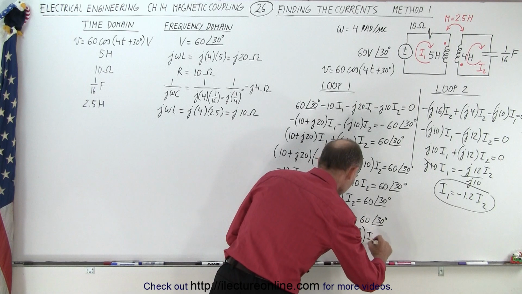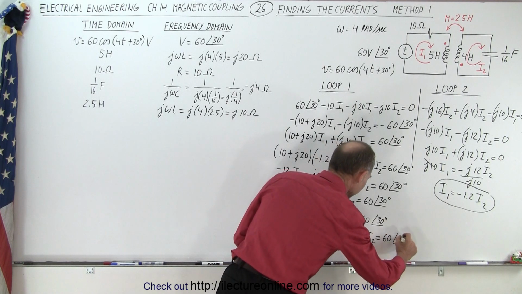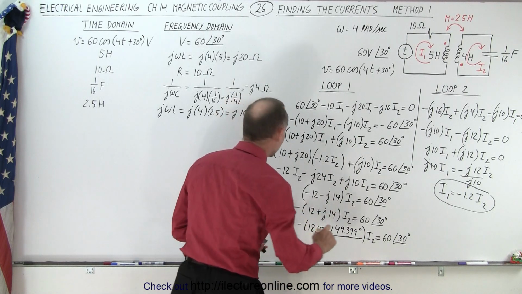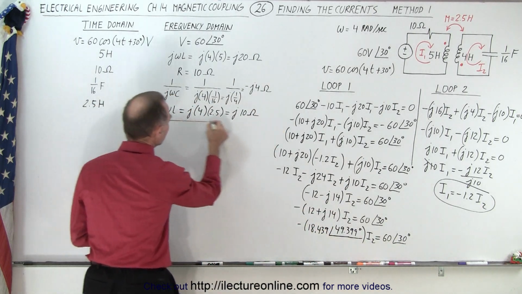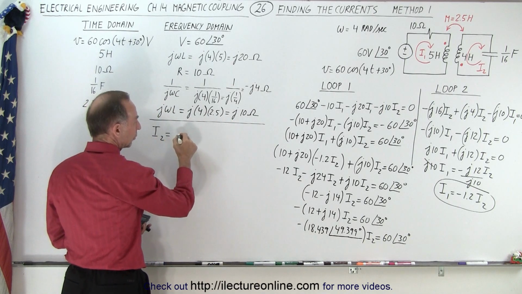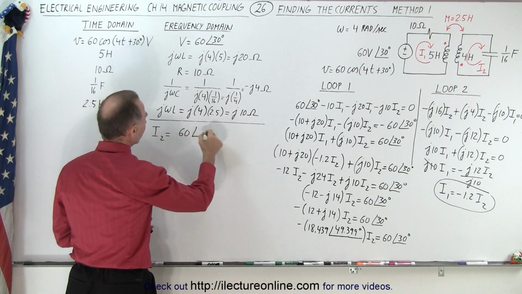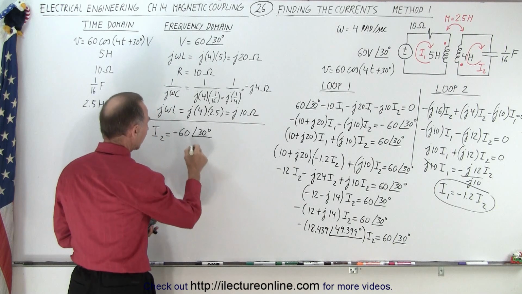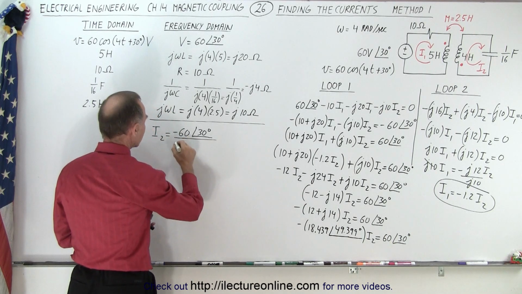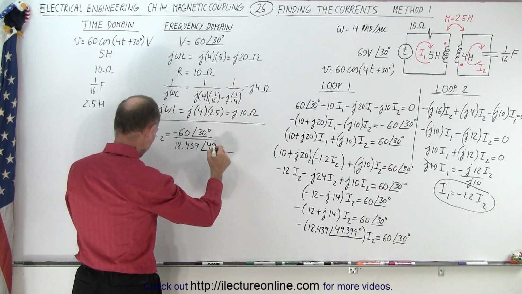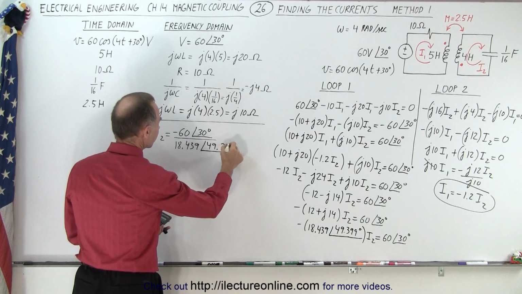That is times I2 equals 60 at 30 degrees. So this negative sign will go to the other side. So let's come up here to continue. On this side I have I2 now is equal to 60 with a phase angle of 30 degrees. I'll bring the negative over here from the left side, put it on the right side, and then divide this by 18.439 with a phase angle of 49.399.